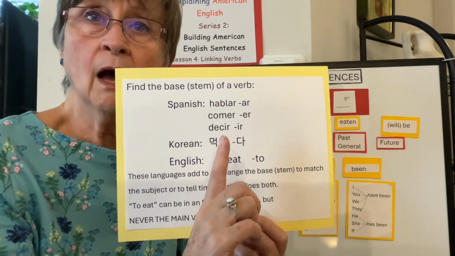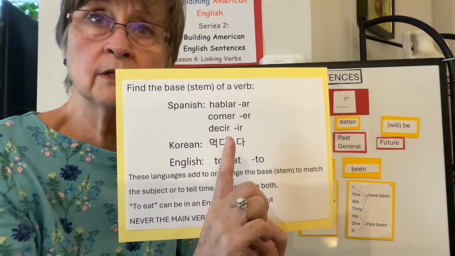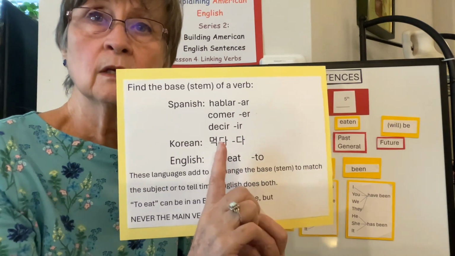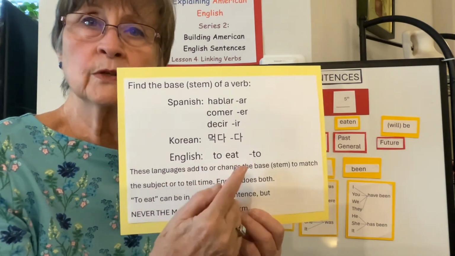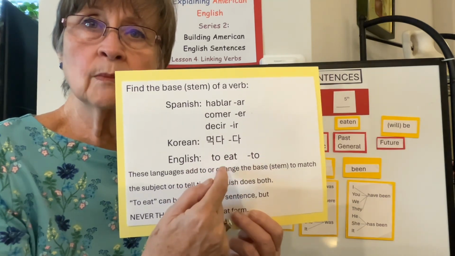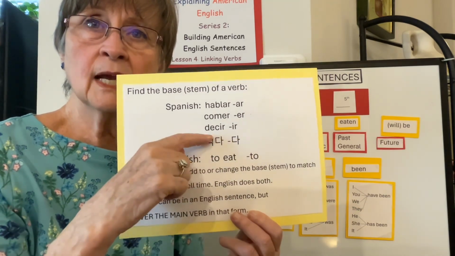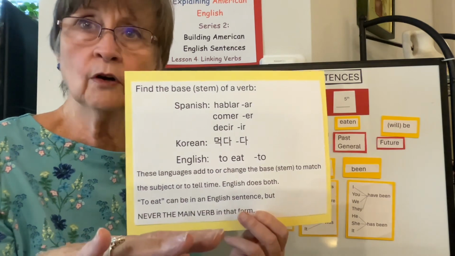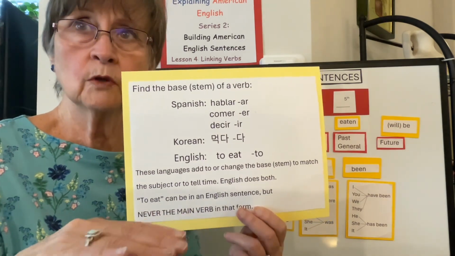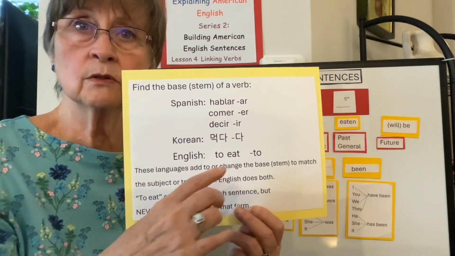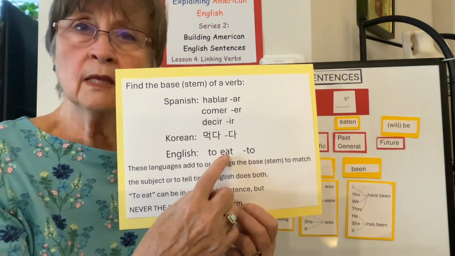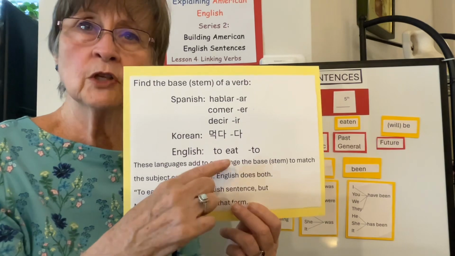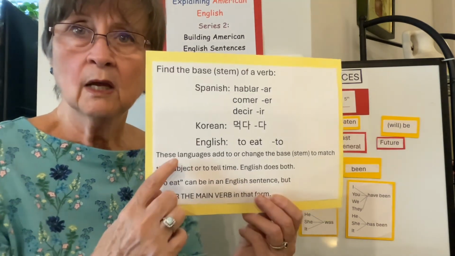you take the da off and then you add something to it to make it fit the sentence. Well, in English, we don't put something at the end of eat, we put something in front of it to give that same idea of the plain verb before we use it as a verb in a sentence. It's to eat. And we take the to off, and then we have eat, and then we change eat as we need to.